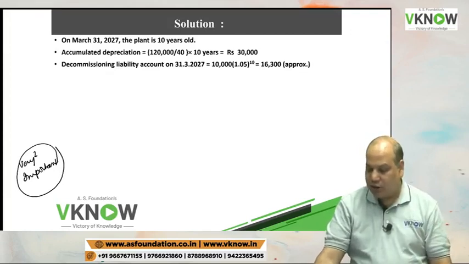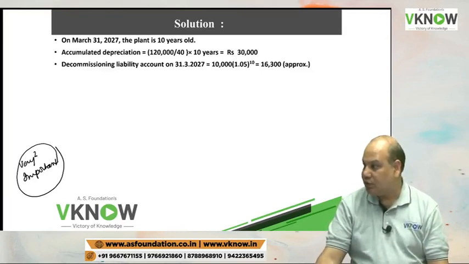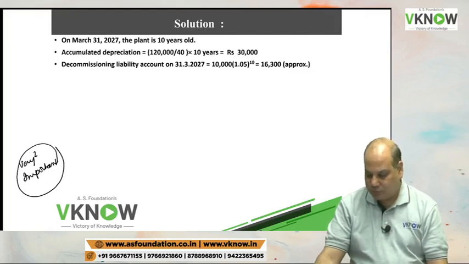Then write down decommissioning liability account on 31st March 2027, is equal to 10,000 into 1.05 to the power 10.